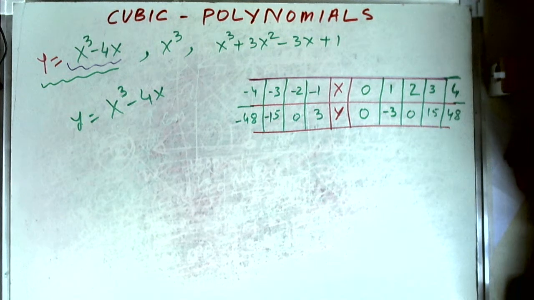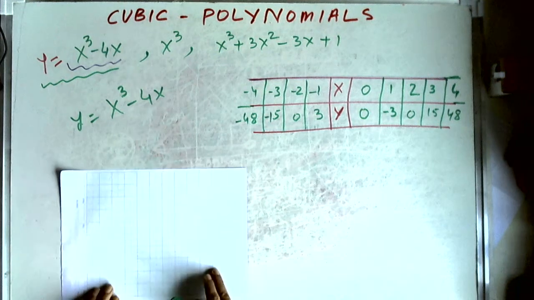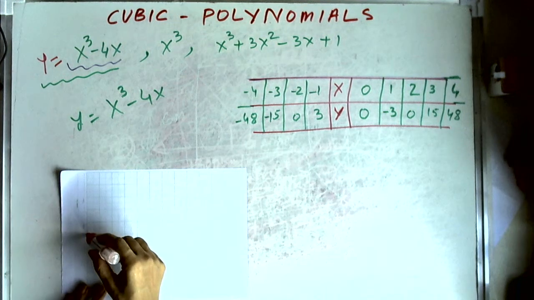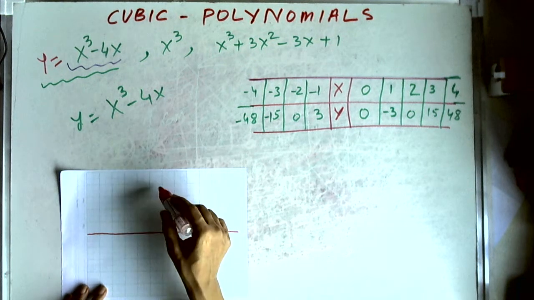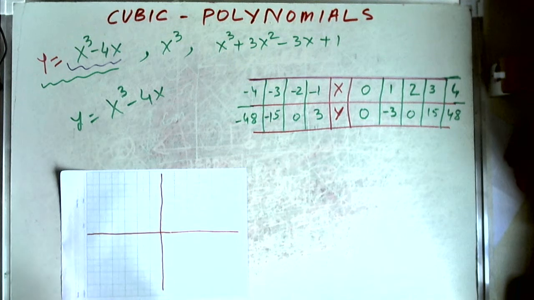Now once we get these points, we need to take a graph paper, and on that graph paper we need to plot the values of x and y. First we create a Cartesian plane, and then we start plotting the points.